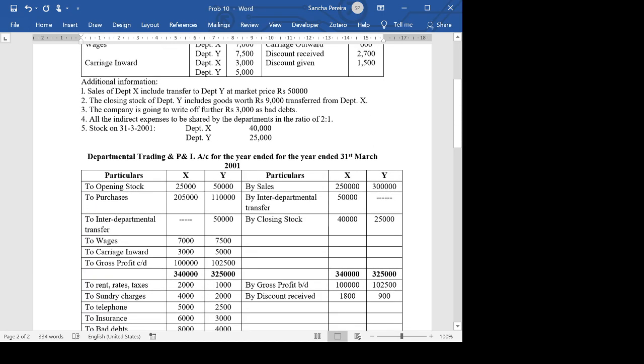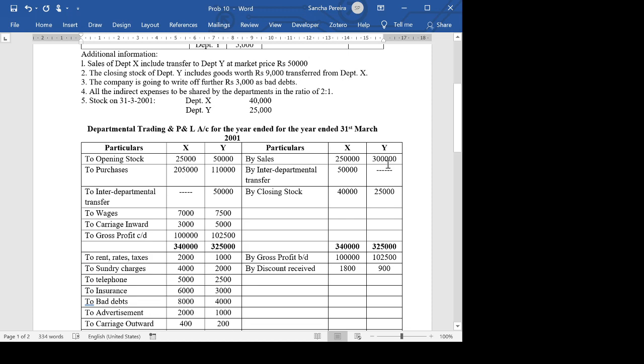Now this 3 lakhs, some of you may get confused. That 3 lakhs is 2,50,000 plus 50,000.